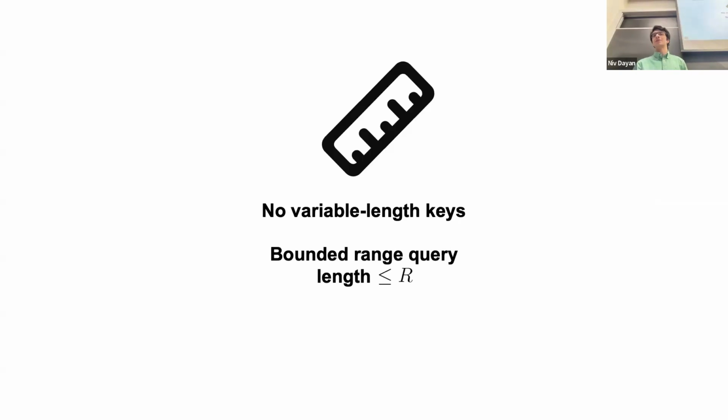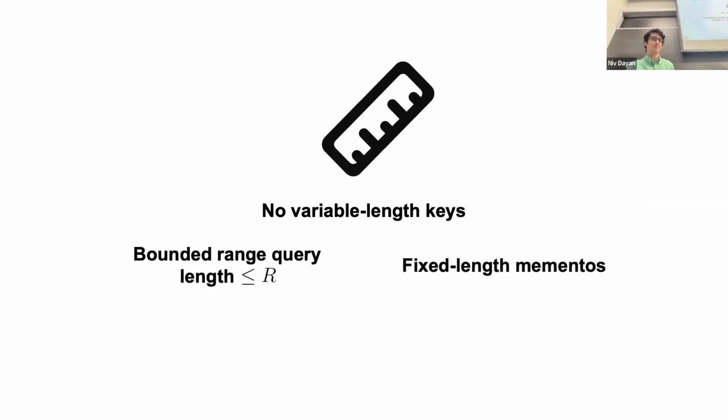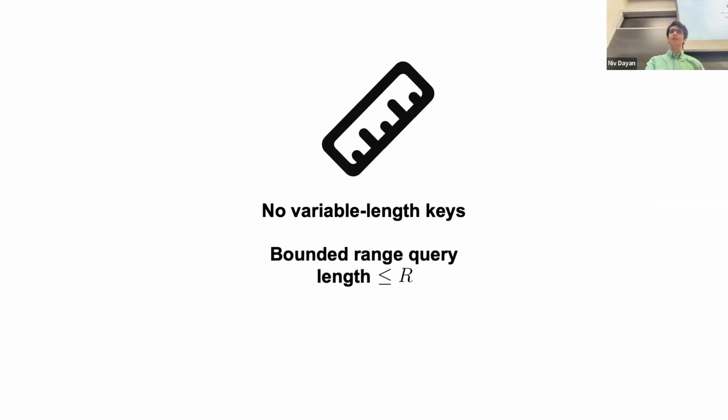And the other issue is the assumption of the bounded range query length. We would like to ideally not have any of these assumptions. Oh yeah, and this one also happens because you're working with fixed length mementos and you want to only check 2 partitions at most. Okay.